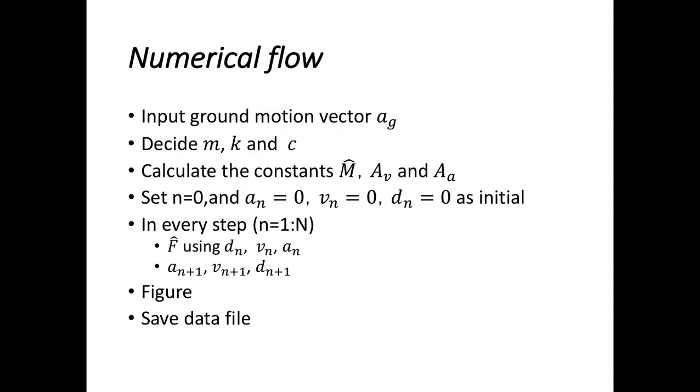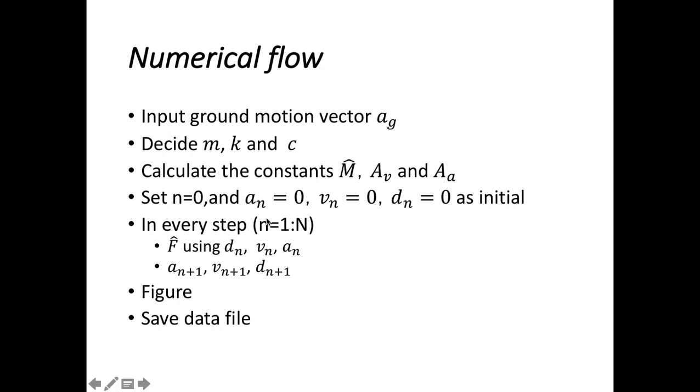Consider the earthquake is from step 1 to step n. Firstly, we input the ground motion ag from step 1 to n. And we decide a structure model m, c, k, and calculate the constants m hat, av, and aa, as here. As a cyclic calculation, we will first set an, vn, and dn as 0, because before the vibration there will be no acceleration, velocity, or displacement for the structure.